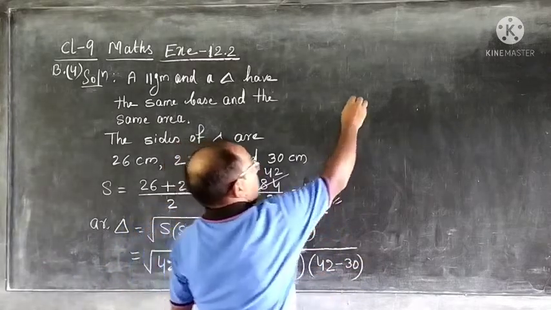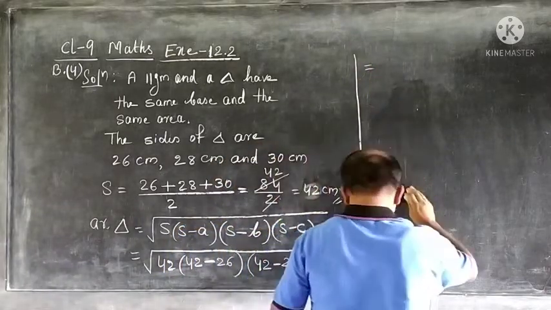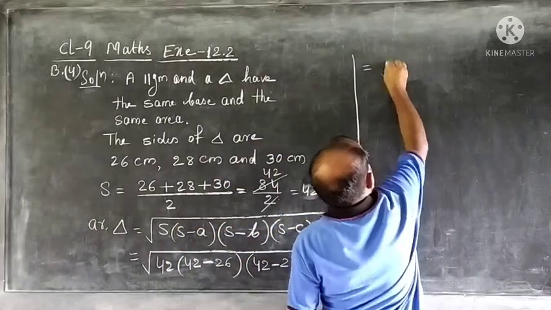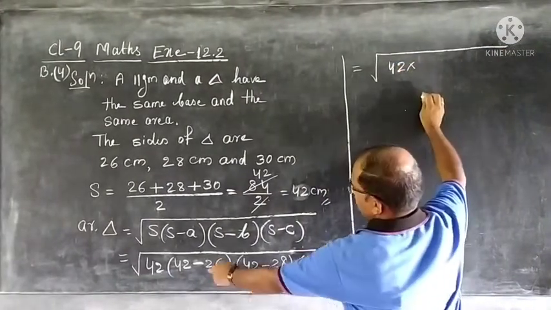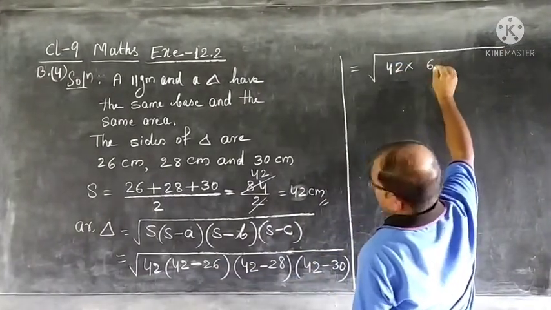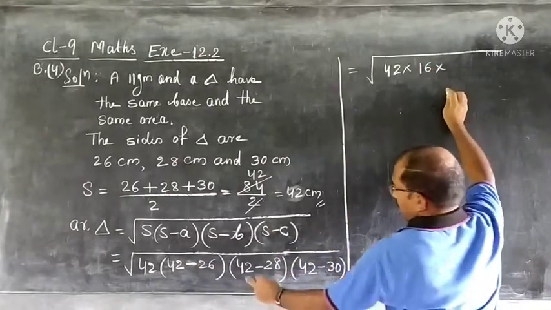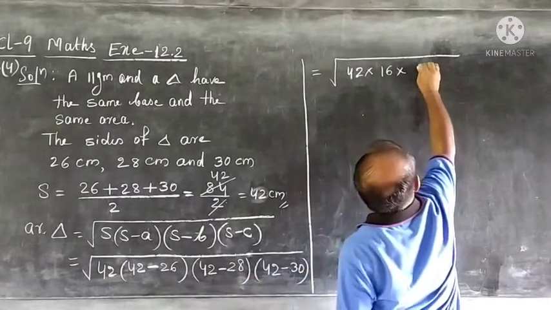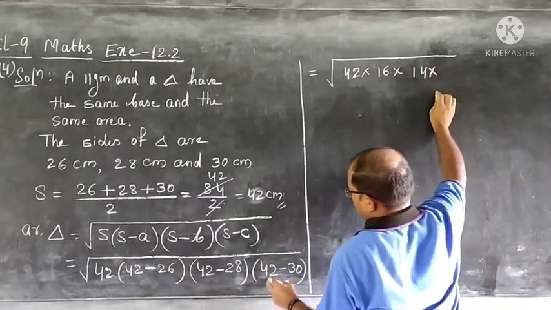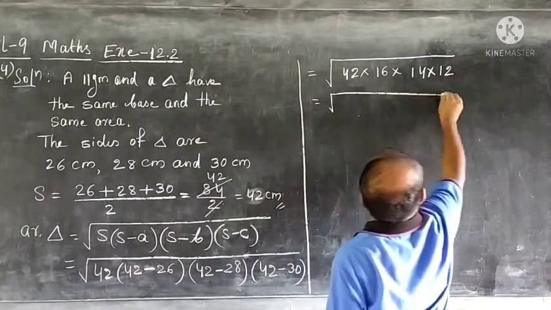Let us calculate this area. We get 42 into (42 minus 26, that is 16) into (42 minus 28, that is 14) into (42 minus 30, that is 12). We will factorize all this.